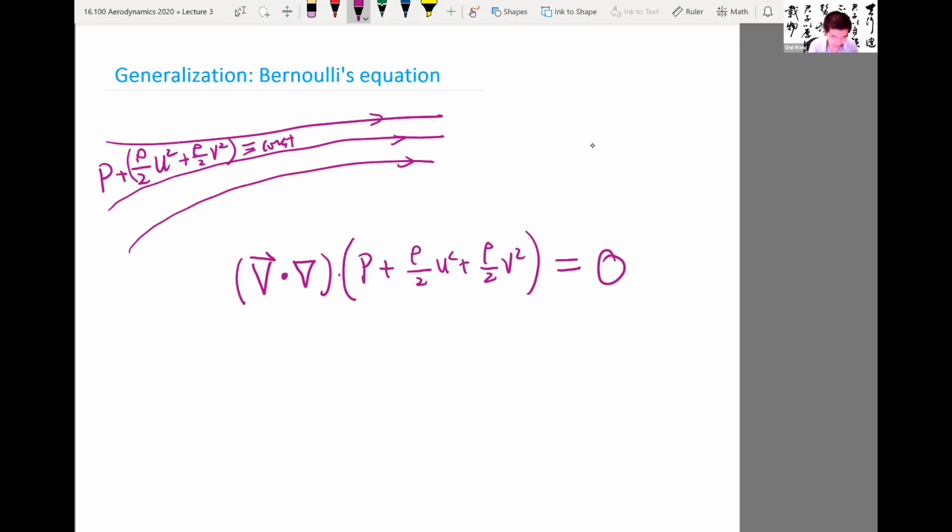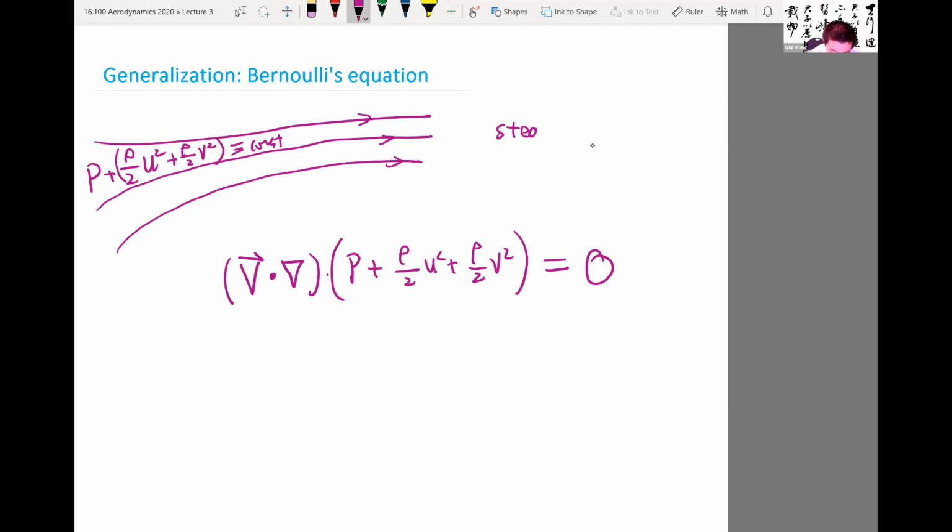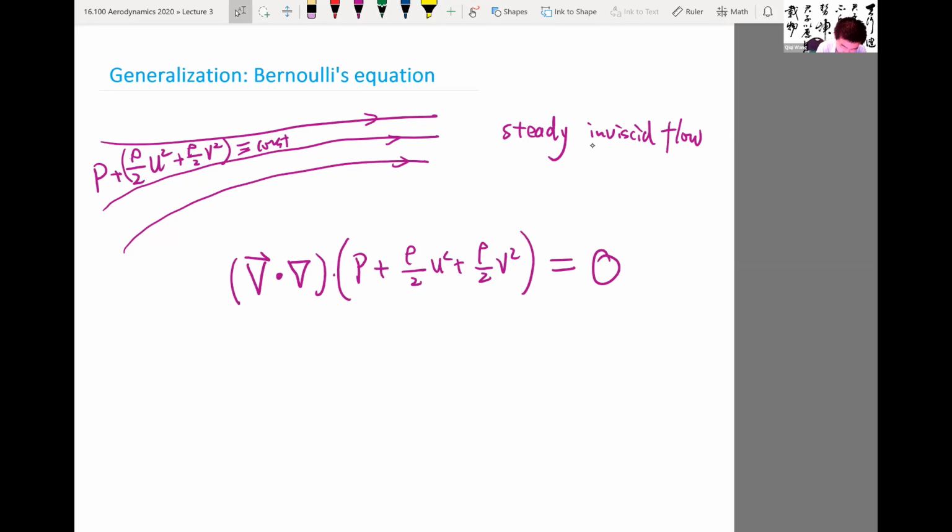Bernoulli's principle holds in a steady inviscid flow, so we can only derive it for steady inviscid flow. So this is equal to 0, and let's see what that means.